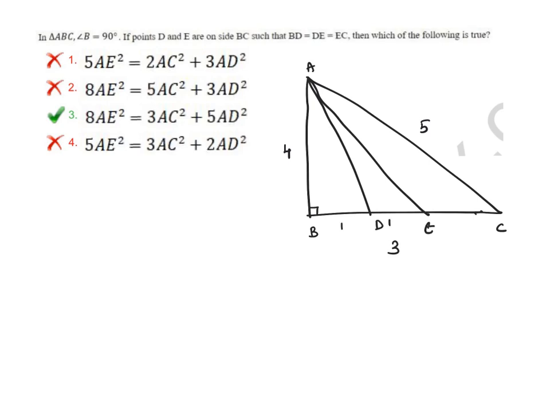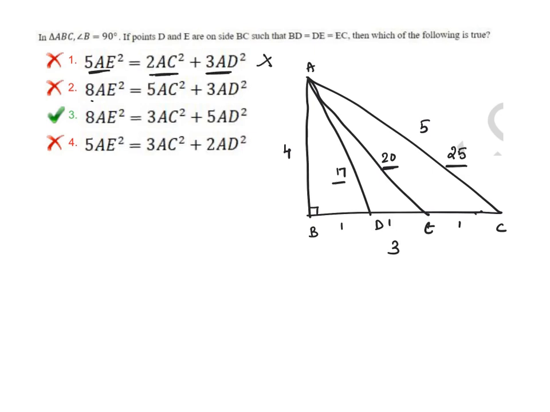So 1, 1, 1. I can say AD square becomes 17. AE square becomes 4 square plus 2 square, that is 20. Now anyway we know AC square is 25. Now this is AD square, this is AE square, and this is AC square. Substitute in the first one. 5 into 20 is 100. Therefore 2 into 25 is 50, 3 into 17 is 51.